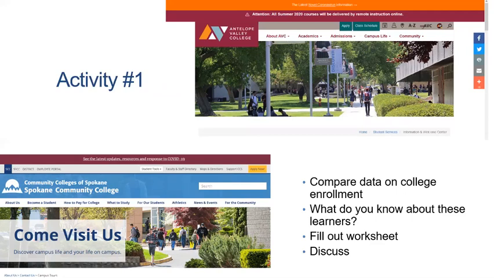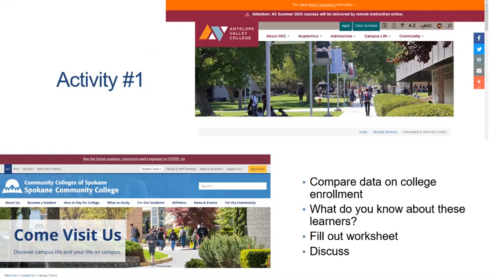We also have a few pages on Antelope Valley College at a Glance, and this all provides some basic demographic information about the students in these colleges. You have an activity worksheet that's 3 pages. We're going to do activity number 1 right now.